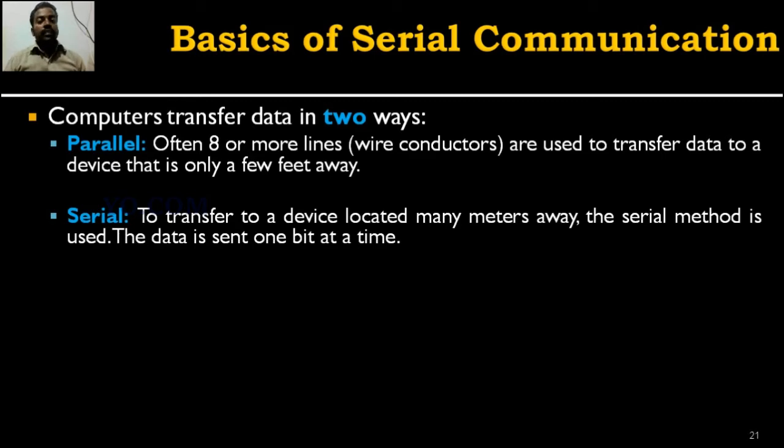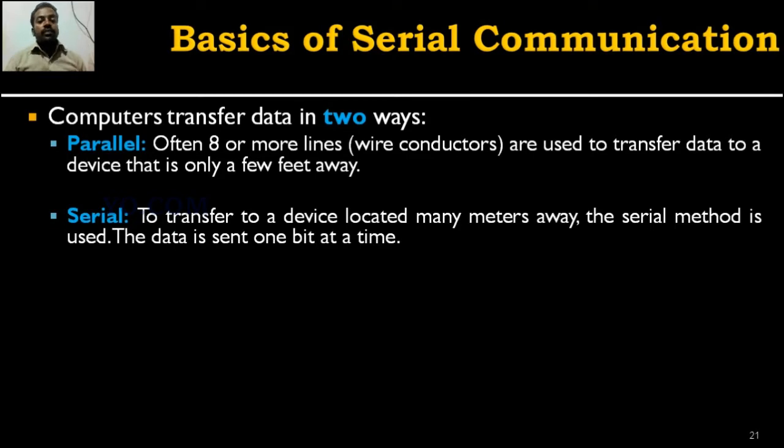Series means one by one, like the tractor and then the trailer: the tractor is in front and the trailer is connected behind. Similarly the compartments of a train are connected one by one, that is series connection. The tracks of the train are a parallel connection.